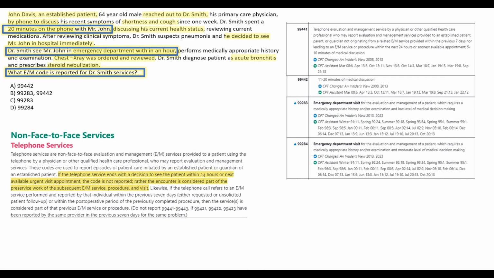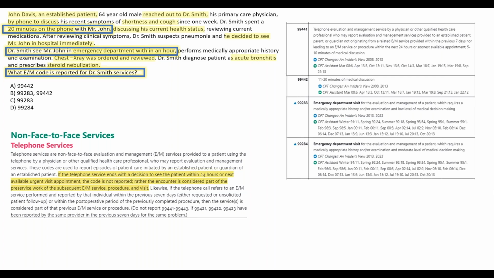It says that if a telephone service ends with a decision to see the patient within 24 hours or next available urgent visit appointment, the code is not reported. Rather, the encounter is considered as pre-service work for the subsequent evaluation and management service, procedure and visit.